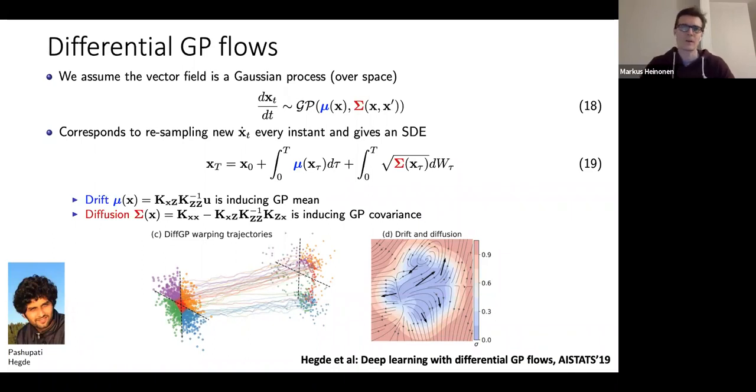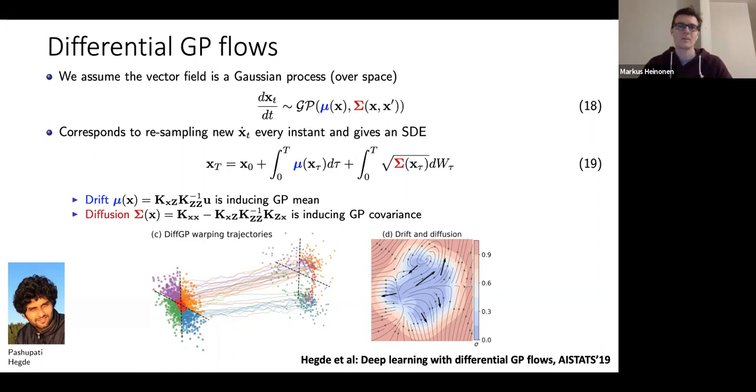And now here, the kernel function doesn't need to be just the prior kernel. It can be any positive semi-definite kernel. So it could also be what one would call a posterior kernel, or just any conditional kernel. And the mean function also doesn't need to be zero. It can be very informative.